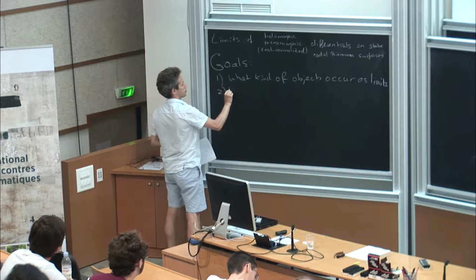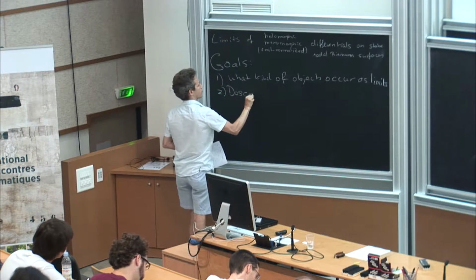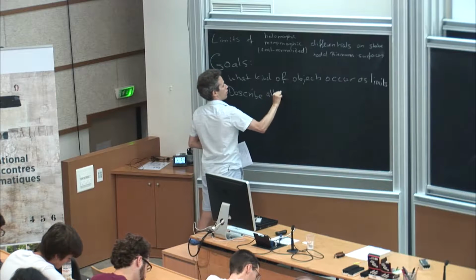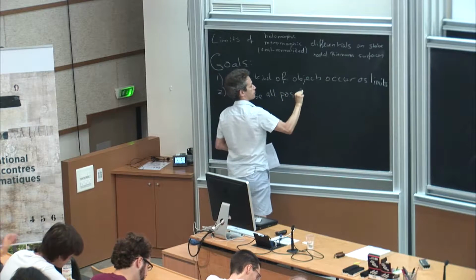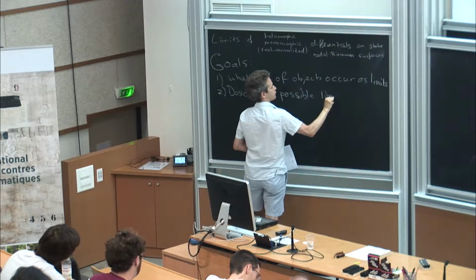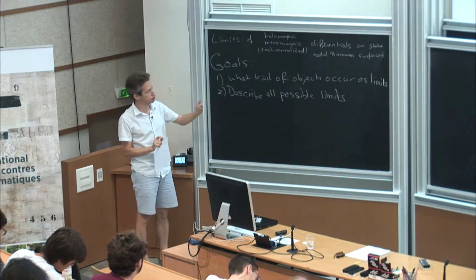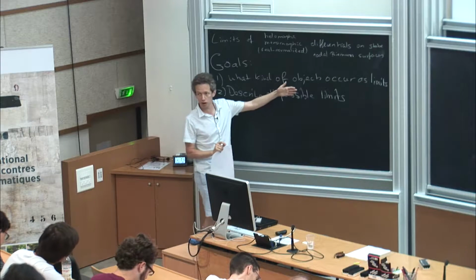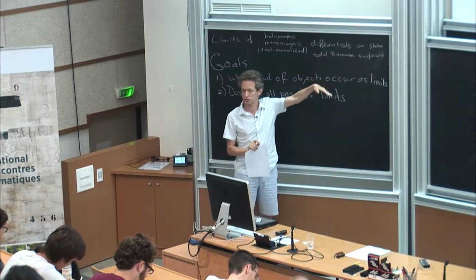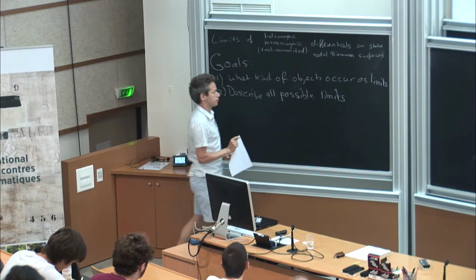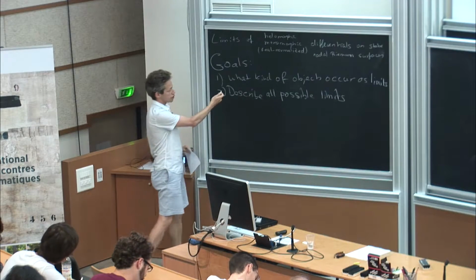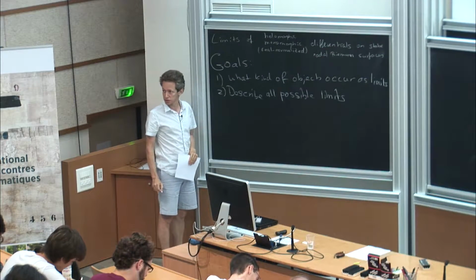Second question could be: describe all possible limits. So the first question is to say, basically, if I have a degenerating family in a suitable sense, what kind of an object should I consider on the limit curve as a limit of differentials? And the second question is to describe all possible limits that can occur.